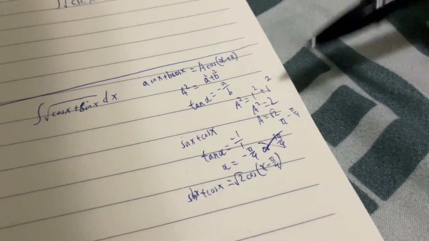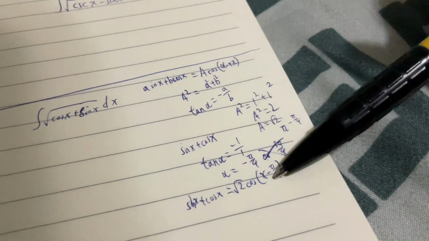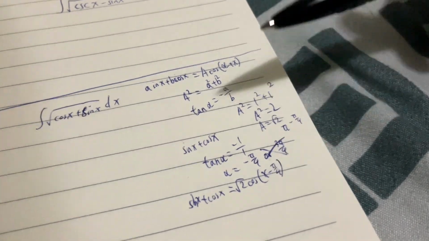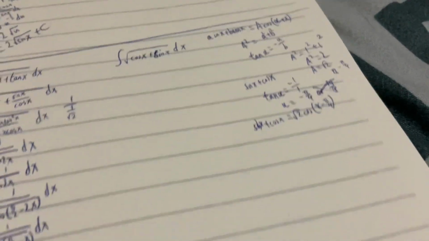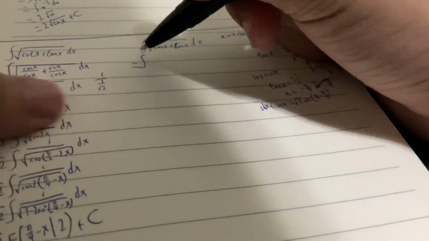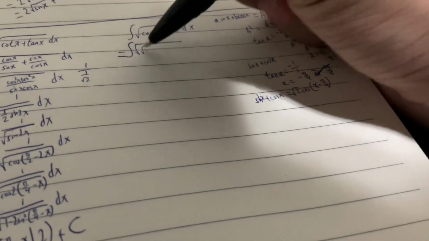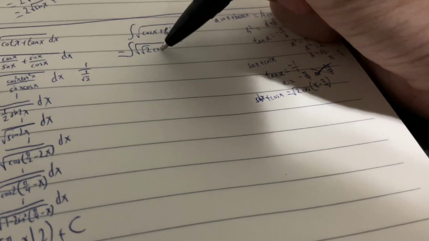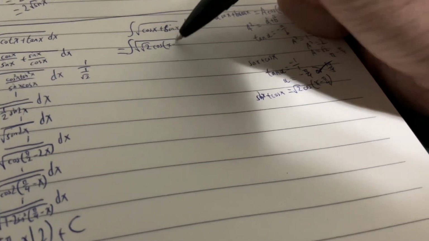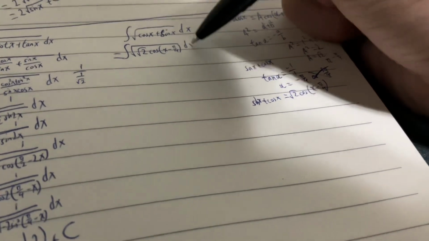You can also choose negative square root of 2, and what's this angle going to be, you can do this on your own. And then here you can get the integral of root 2 cosine of x minus pi over 4 dx.